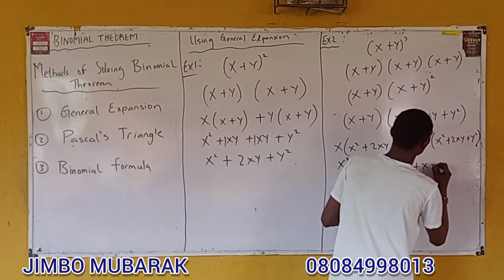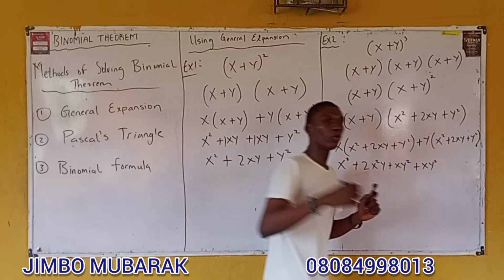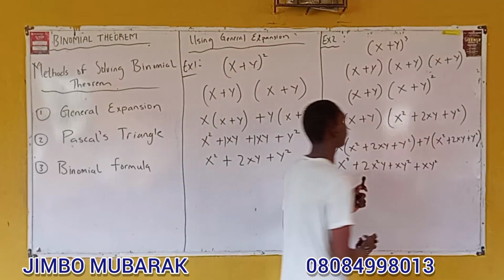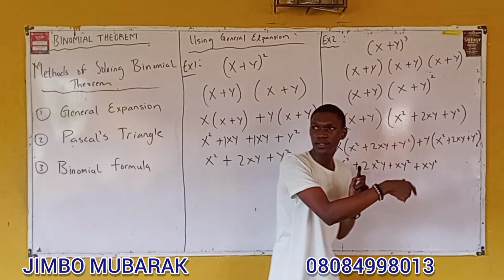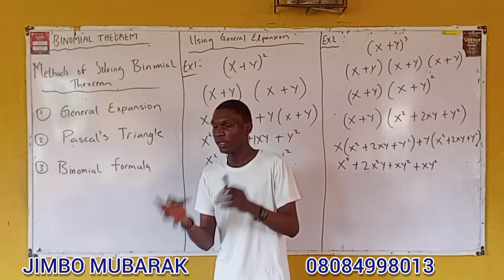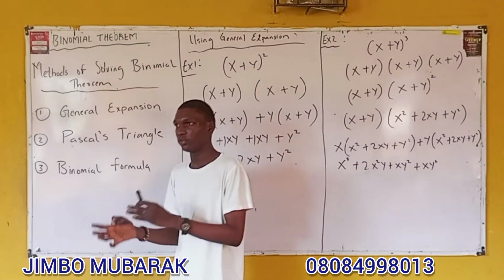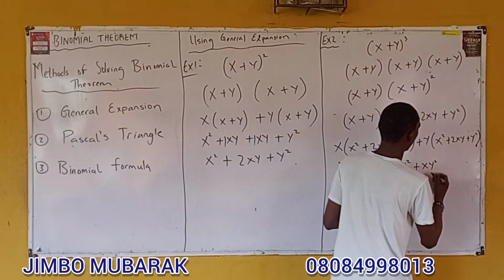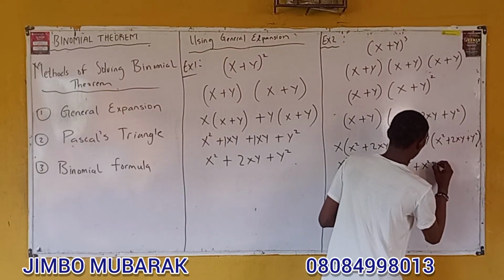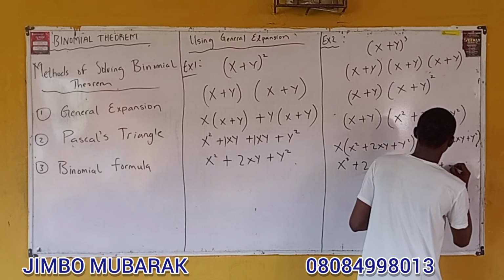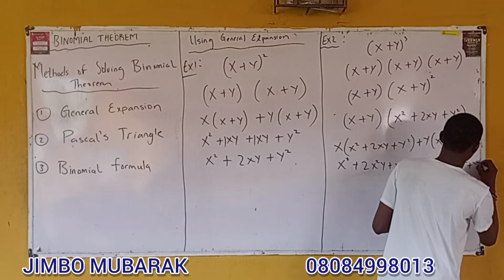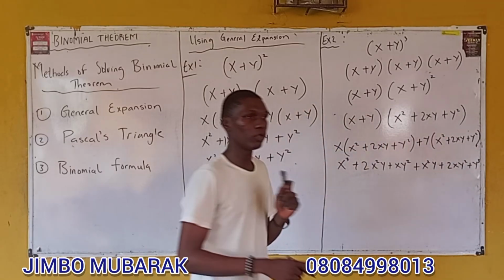For y multiplied by x square, we know it is yx square, but in the alphabet x comes before y, so we have to follow alphabetical order also. That is x square y, plus 2xy square plus y cube.